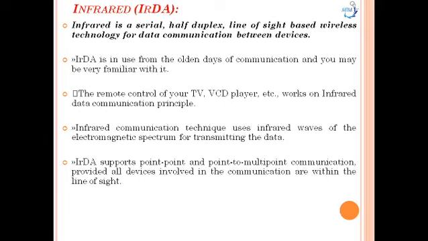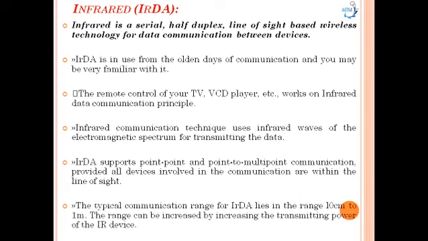And IRDA supports point-to-point and point-to-multipoint communication, provided all devices involved in the communication are within the line of sight here, within the range. The typical communication range for infrared, that is IRDA, lies in the range of 10 centimeters to 1 meter here. The range can be increased by increasing the transmitting power of the IR device here.